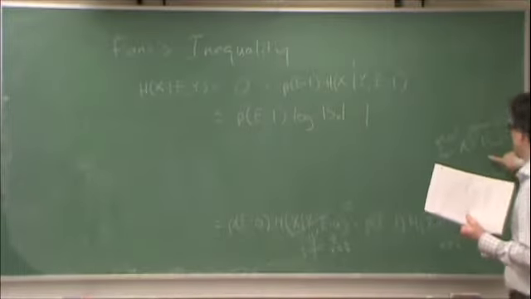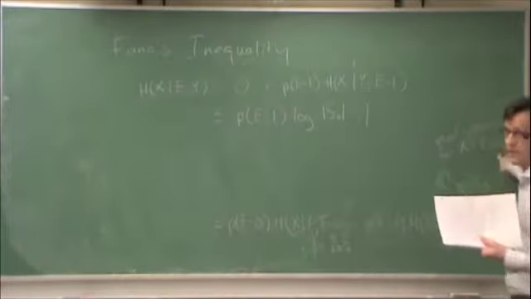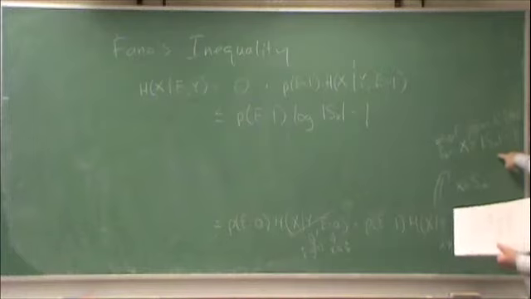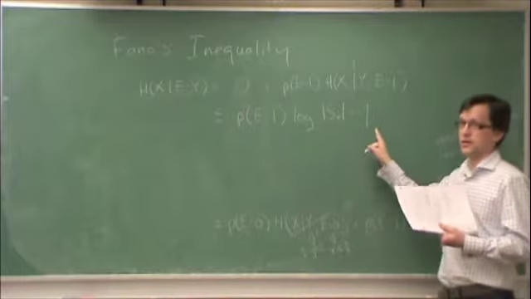So if all of these are equiprobable, then the probability is 1 over that, and the entropy is the average of the log of the probability, but all the probabilities are the same. So log of 1 over the probability is just log of cardinality Sx minus 1.